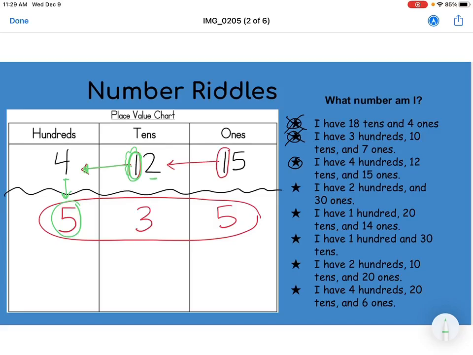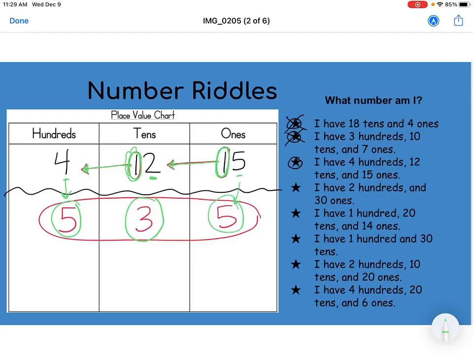So that left me with 2 tens in my tens place. But then when I looked over at the ones, I had 15 ones. Well, I know that this is a 10. So I could take that 1 10 and add it to 2 tens, and that's what gave me 3 tens. And then all I had left over was a 5 to move down.